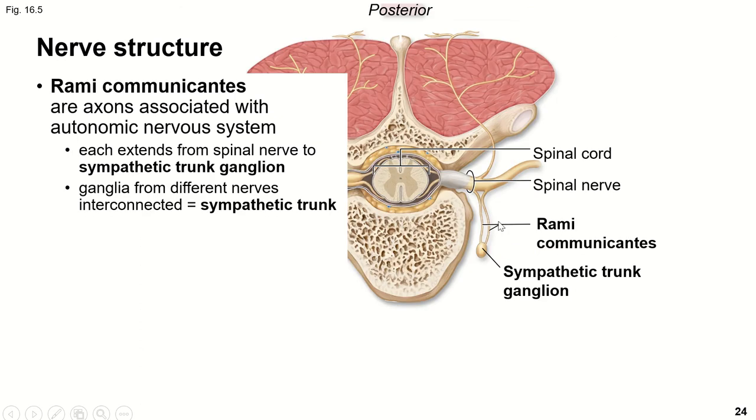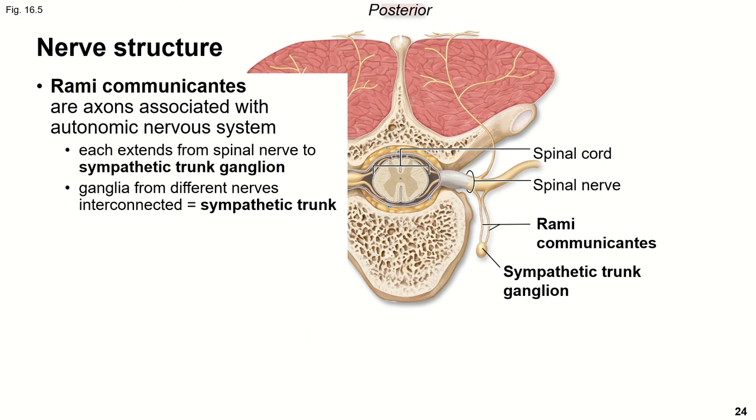All right, so the other branch that we see is this little one here, the rami communicantes. And at the end of the rami communicantes, there's this little ganglion called the sympathetic trunk ganglion. And this is going to be associated with the autonomic nervous system, especially the sympathetic division.